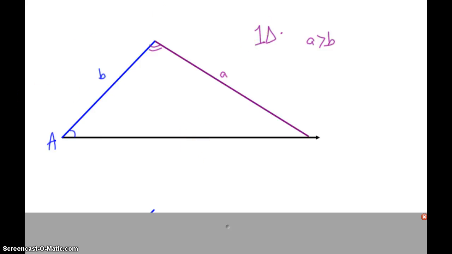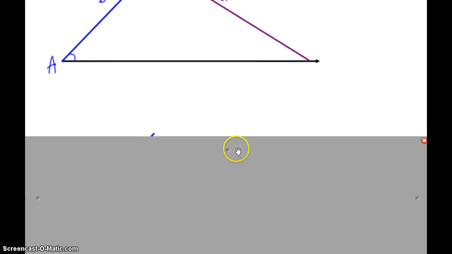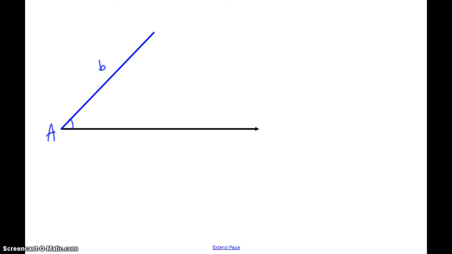And then that brings us to our last one. Okay, if A is really long, then I have to have one. What if A is really short? So what if this length here is something like this? What if my length A is too short?